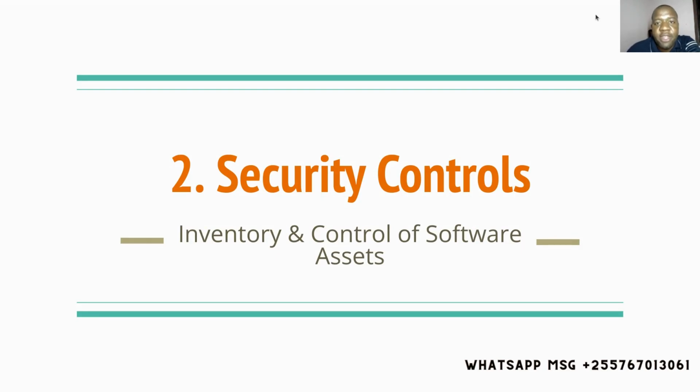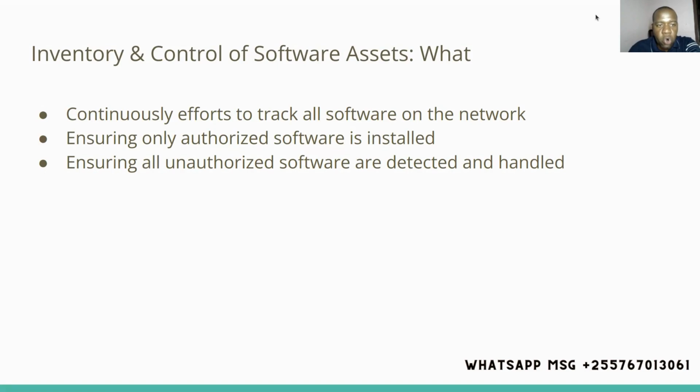So let us proceed with this second security control. It is all about the inventory and control of software assets. For those who have seen the first control, which was about the inventory of hardware assets, this is the same as that previous one, but now it focuses on the software side of the enterprise assets.